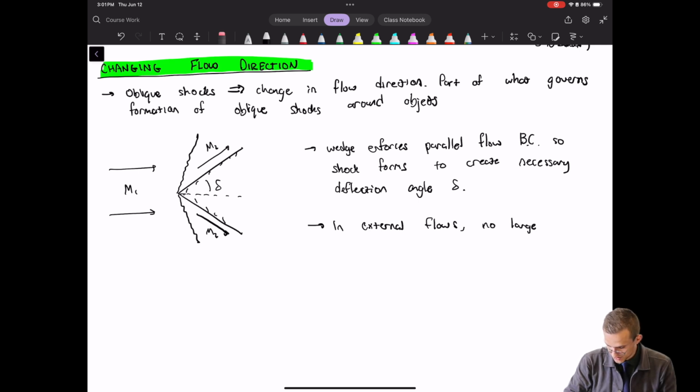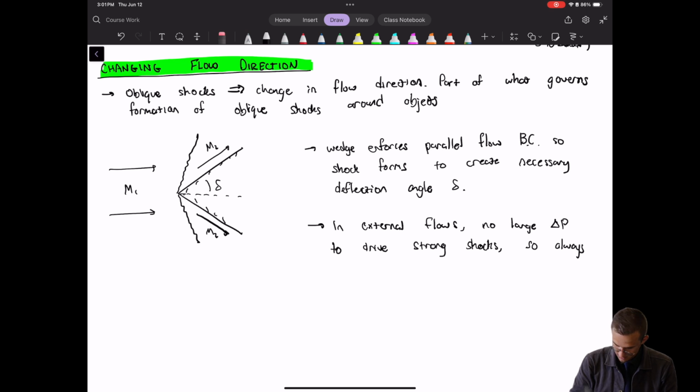So no large delta P to drive strong shocks. So always see weak shocks, which corresponds to the case where M2 remains greater than 1. Okay?